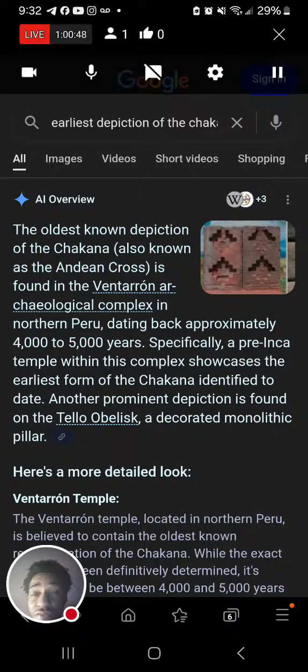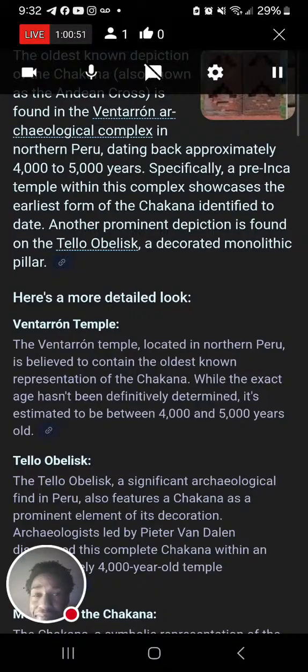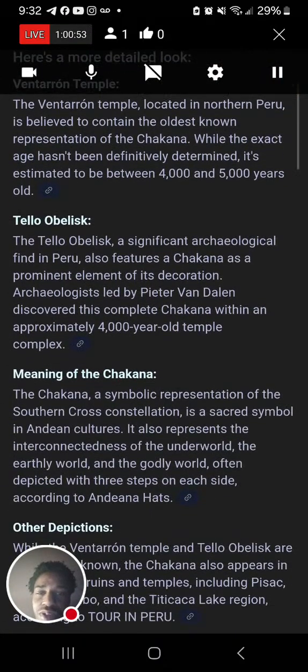See that? 4,500 years. The numbers there. Egypt's pyramid was built 4,500 years ago.